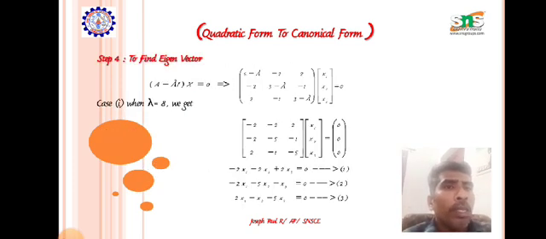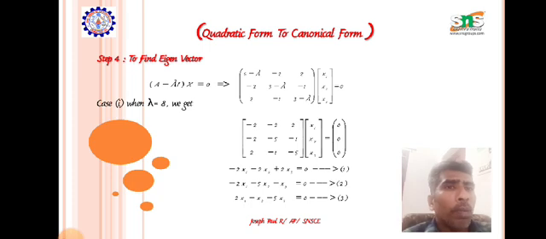Next we find the eigenvectors by taking (A minus lambda I) x equal to 0. Case 1: lambda equal to 8. The eigenvectors can be calculated in any order of the eigenvalues, it is your choice. Here 2, 2, 8 are the eigenvalues, and first I am taking lambda equal to 8.